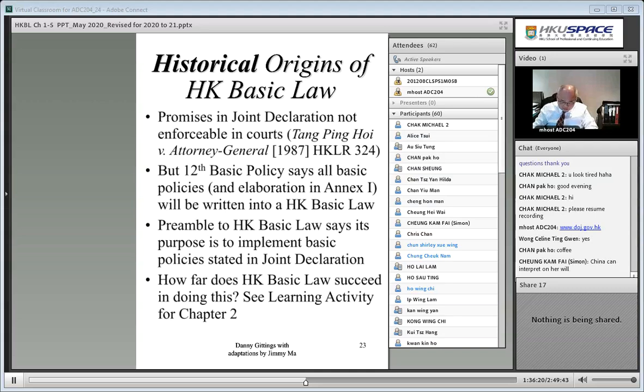So, for example, just very quickly, in fact, question 1 was done for you. It says, identify at least one article or part of the preamble in the Hong Kong Basic Law that reflects the above basic policy and write the article number in the space below.